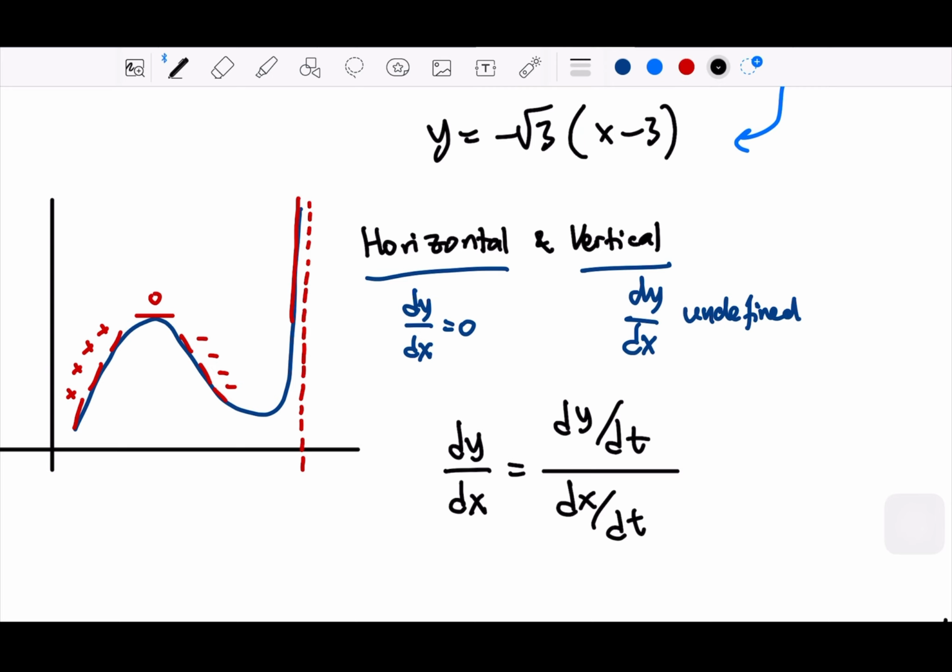For the vertical, dy/dx is undefined, so dy/dt has some value and dx/dt is 0. That's how we approach the horizontal and the vertical.